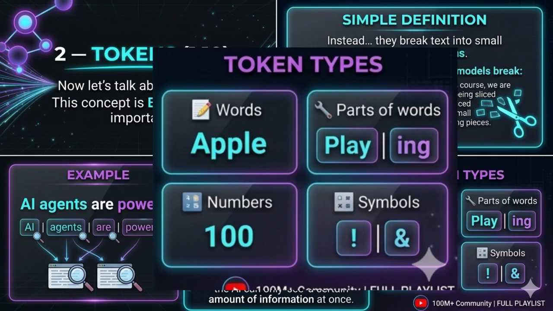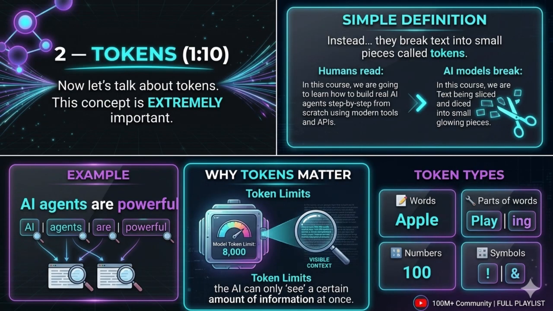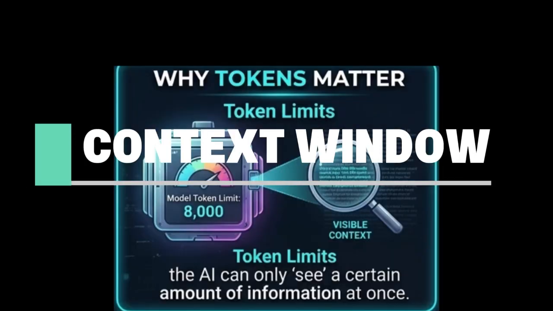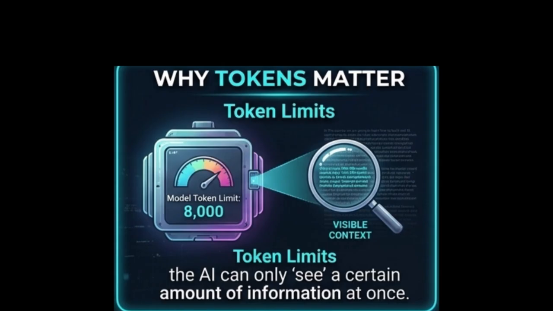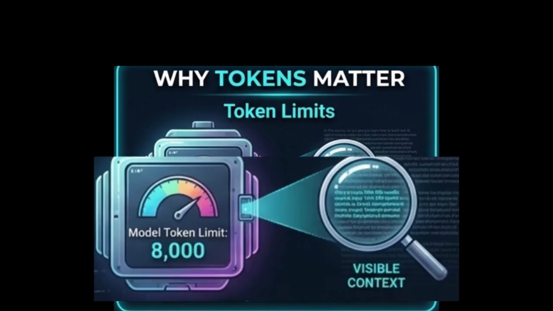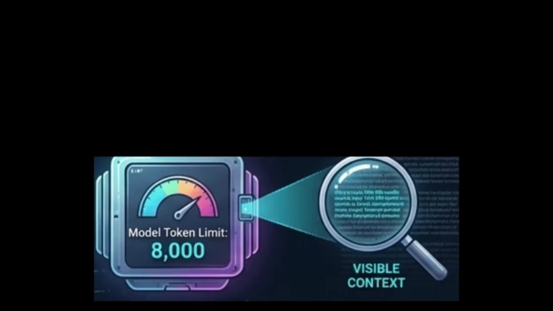Every AI model has token limits. This means the AI can only see a certain amount of information at once. Imagine an AI model has a context window of 8,000 tokens. This means your message, previous messages, instructions, and uploaded data all must fit inside that limit.